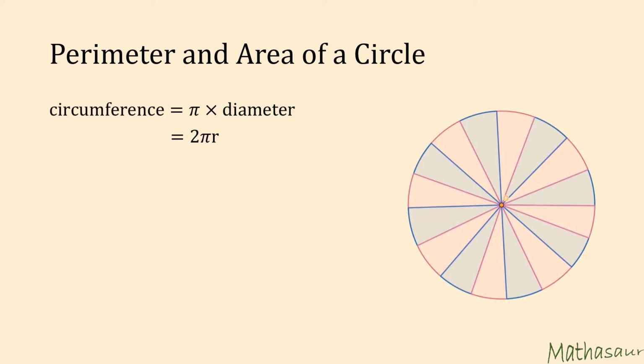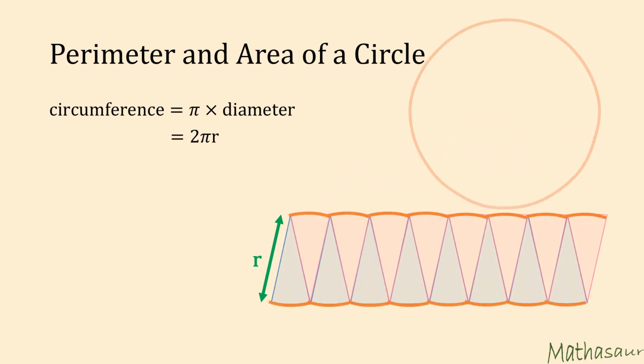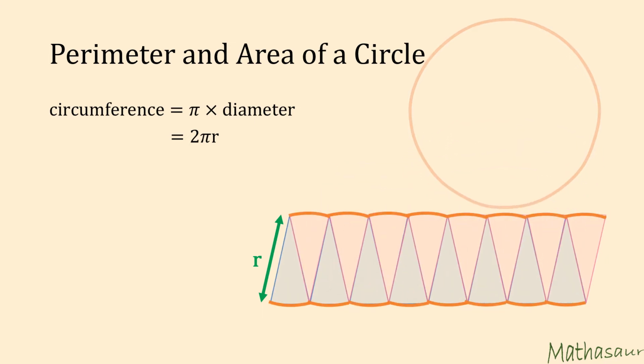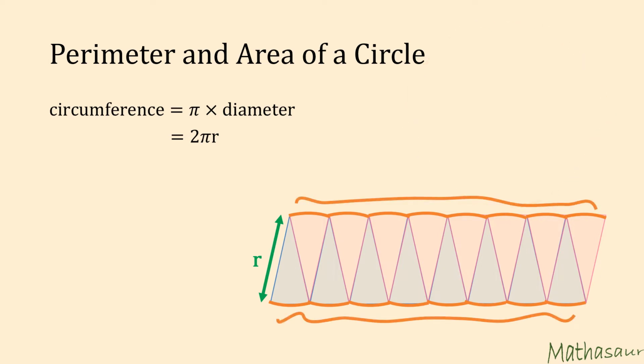Now let us take this circular region and divide it into sectors. Note that the radius of the circle is small r. Now if we take these sectors and arrange them in such a way that they form something like a parallelogram, we see that the circumference of the circle forms the length of this parallelogram.